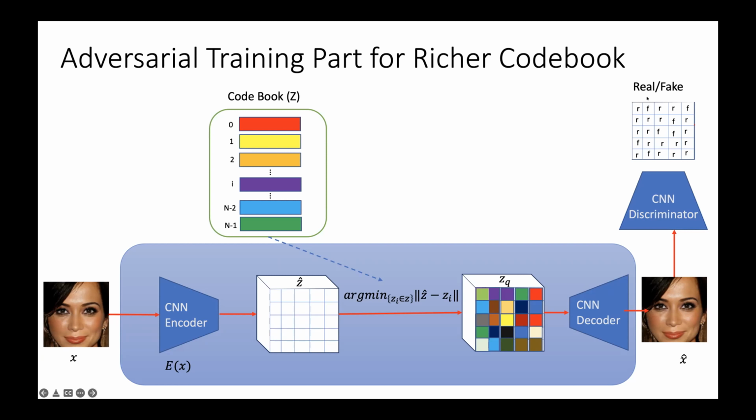As you see, this discriminator is different from the GANs because it doesn't just tell us that this image is real or fake. It says that each patch of this feature map is real or fake.